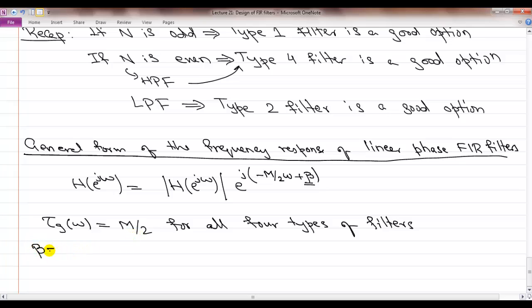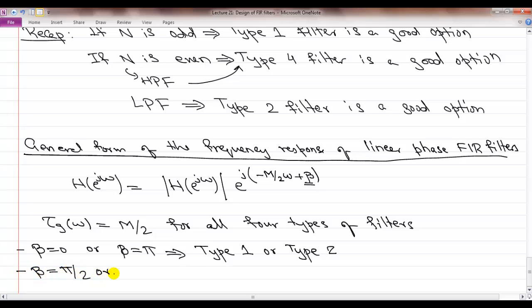If you have beta equal to 0 or beta equal to pi, this means that we have type 1 or type 2. And if beta equal to pi by 2 or 3 pi by 2, this means that we have type 3 or type 4.